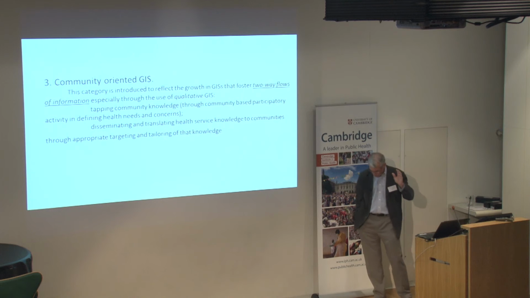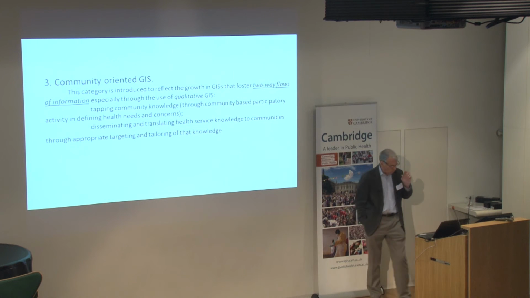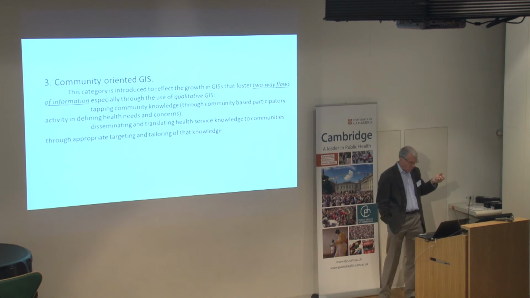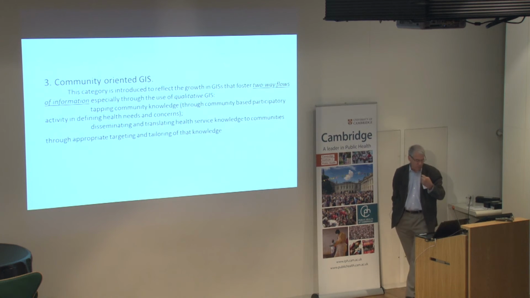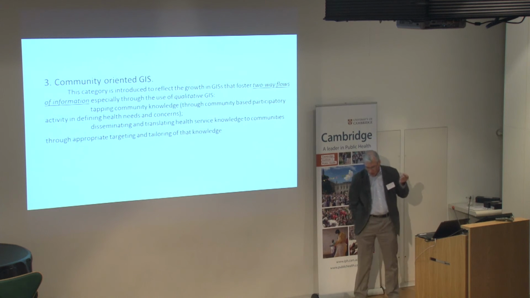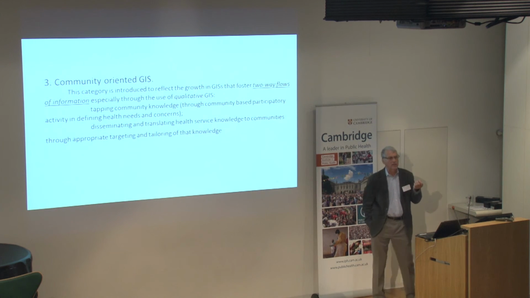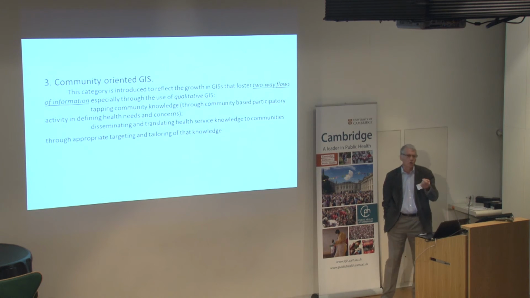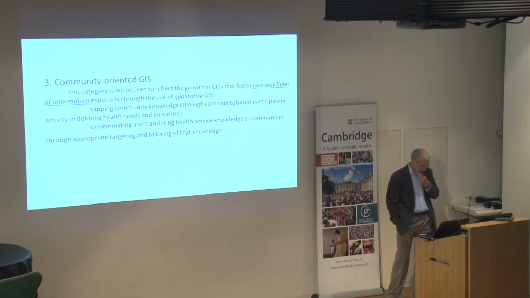Community-oriented GIS, which is growing quite rapidly, recognizes the importance, if you like, of two-way flows of information. And whereas the two examples that I showed you before are quite statistical or mathematical in nature, these tend to stress more qualitative methods and is often referred to as qualitative GIS.